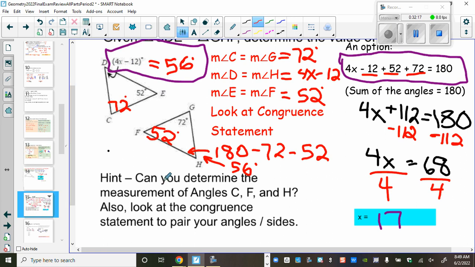Now, if you did it this way, I'll just write it over here. 4x minus 12 is 56. Let's say if you took that route, if you add 12 to both sides, you're going to get 4x equals 68.